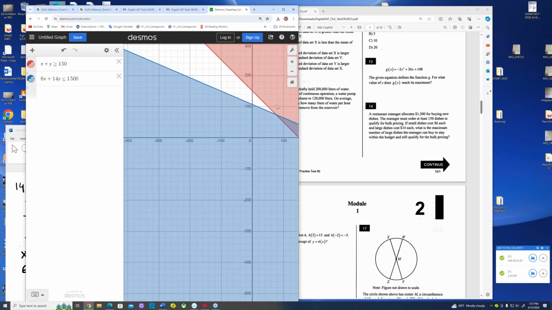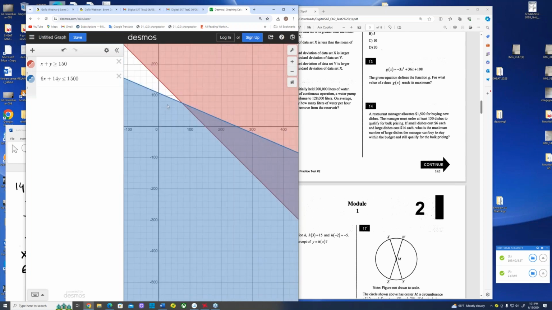Okay, and this is the intersection area, and large is y. Did I type it correctly? 6x plus 14y less than 1500. x plus y.